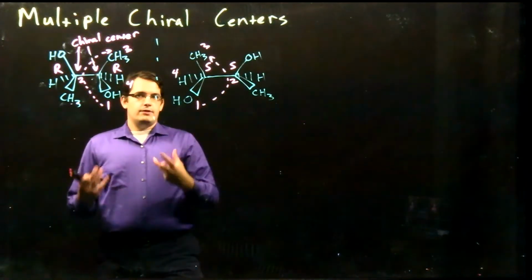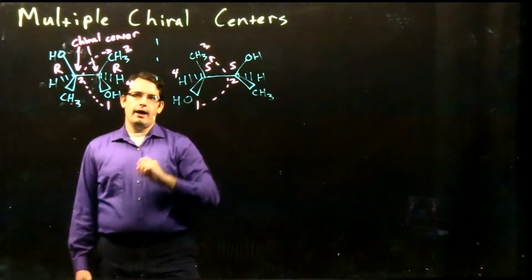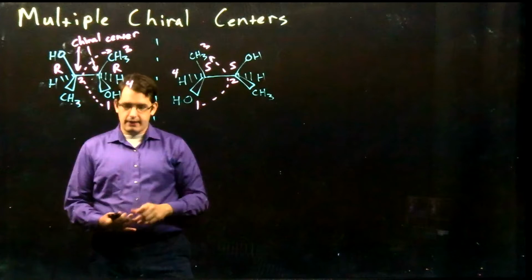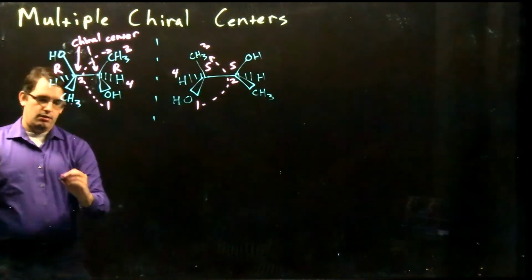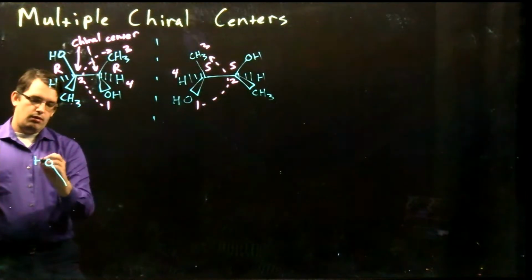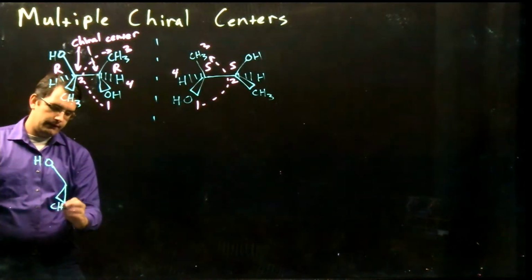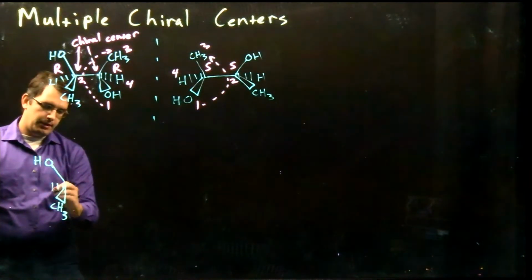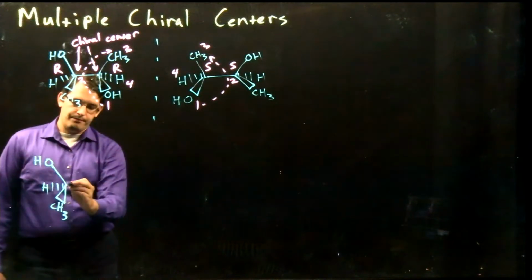Now you'll notice here I have 2 chiral centers, each that can be either R or S. So what if I take that same molecule and I draw it with just switching one of my chiral centers? I'm going to draw my chiral center on the left exactly the same as up here.